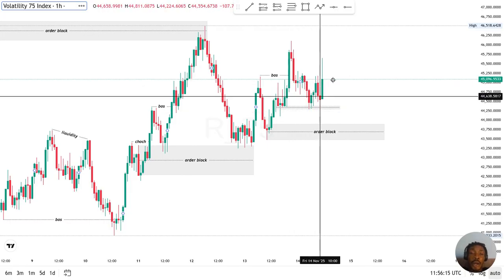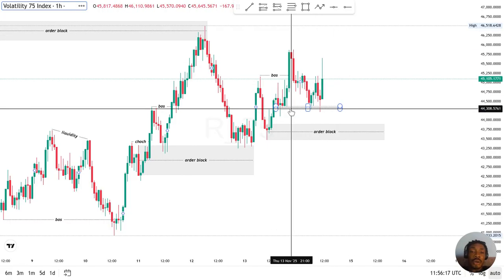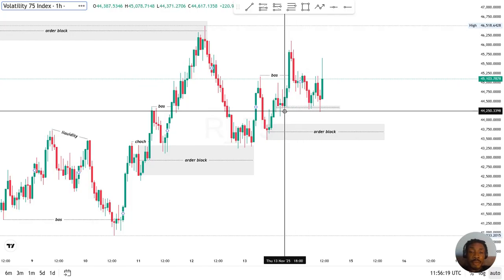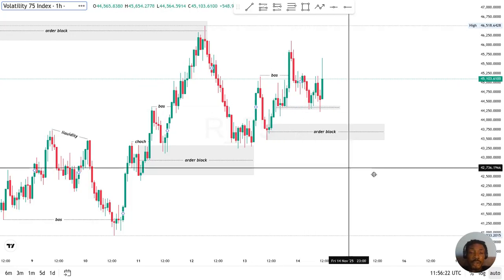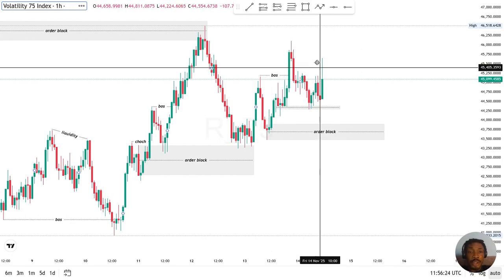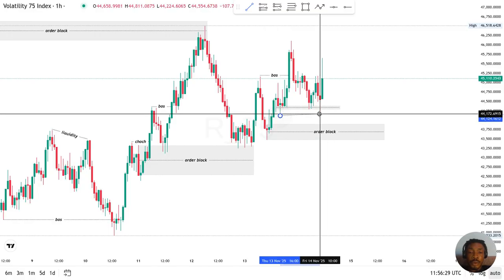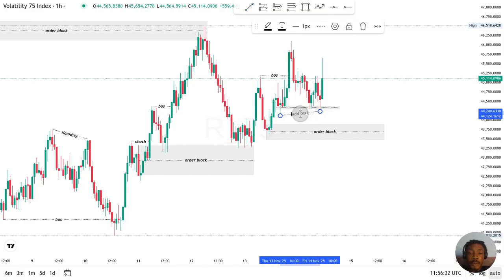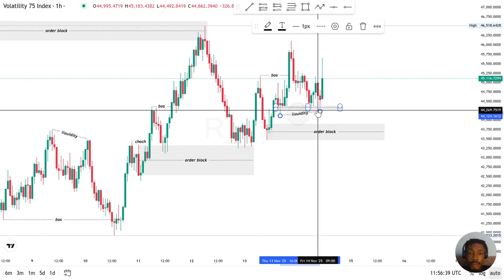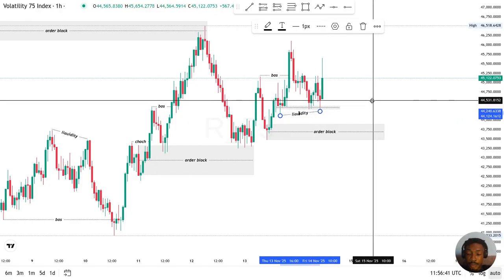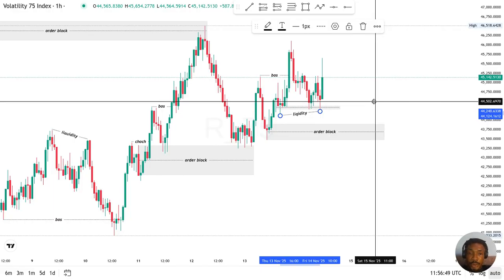So we consider that liquidity is just below it. What we do is put the line from the previous low to this last low, and then we put our liquidity here.